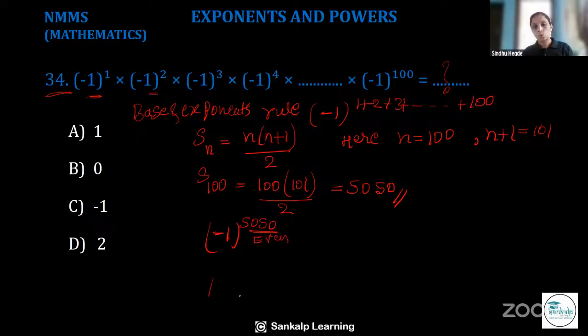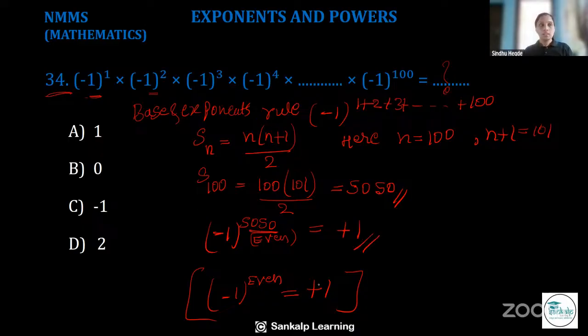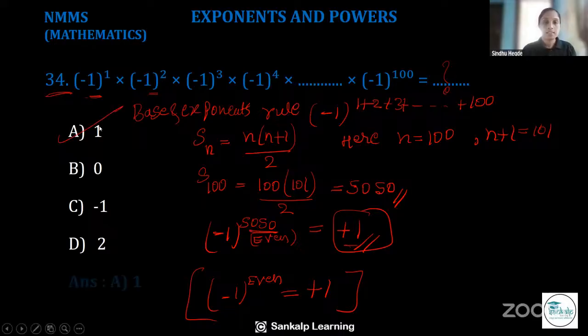As per the rule, minus 1 raised to an even power is always positive. So it should be plus 1 only, since 5050 is an even number. So the total answer we get is plus 1. Hence the correct answer is A, remaining all are wrong.